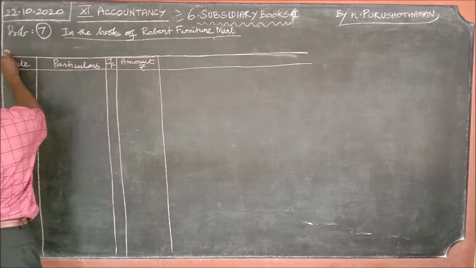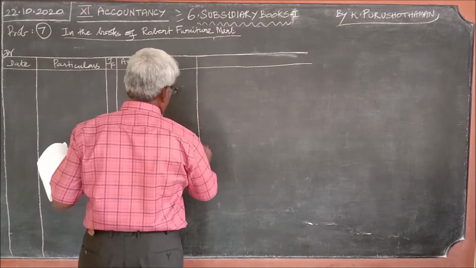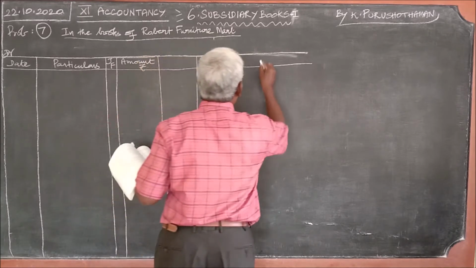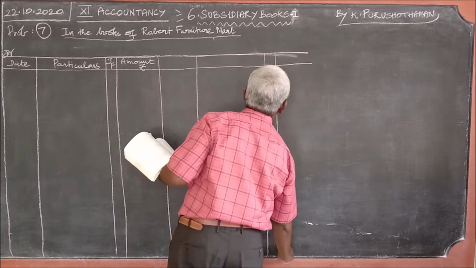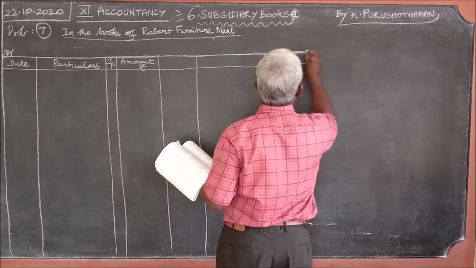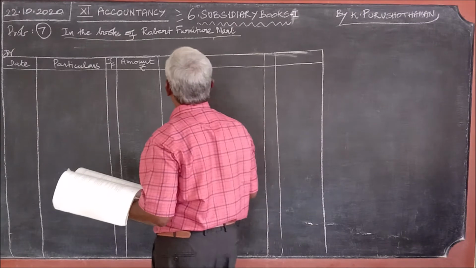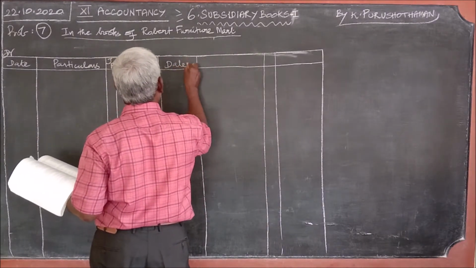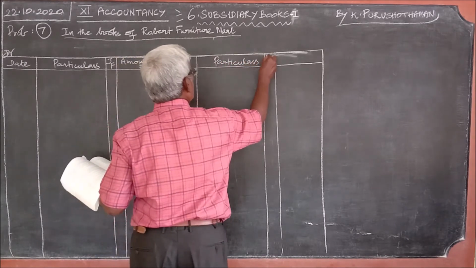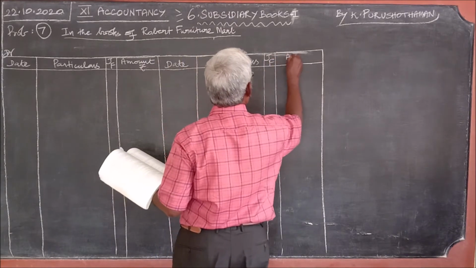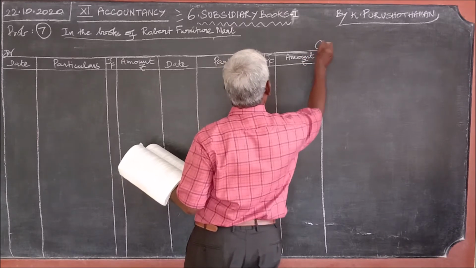This is for the debit side. And for the credit side, the same four columns: date, particulars, journal folio, and amount rupees. This is the credit side.